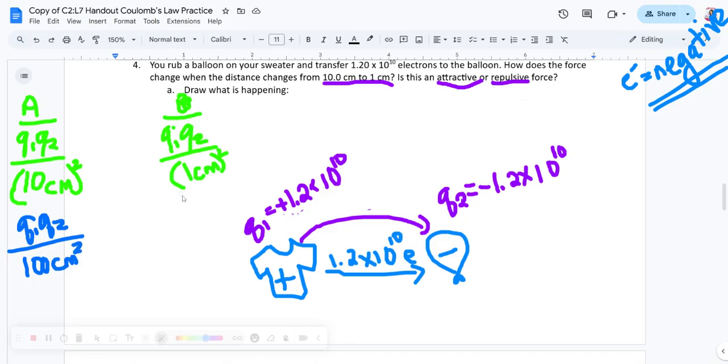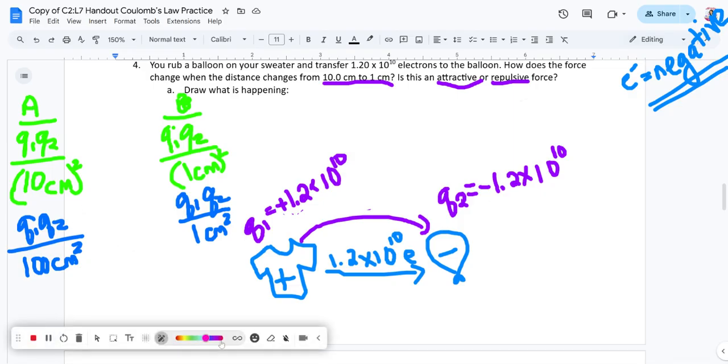And then over here, we still have Q1, Q2, and then underneath, 1 squared is 1, and then centimeter squared is centimeter squared. So notice that the difference between these is only on the bottom, is only on the denominator.